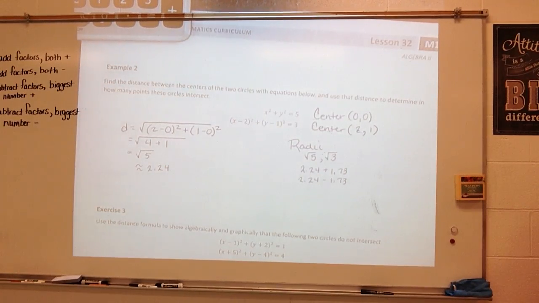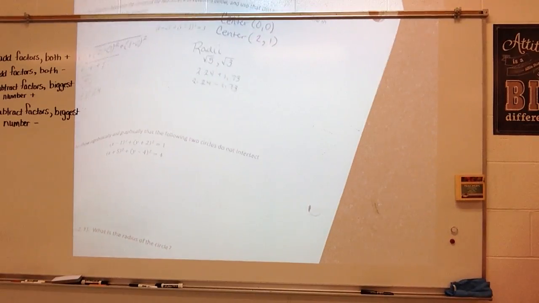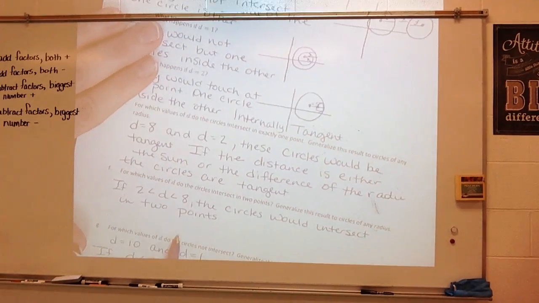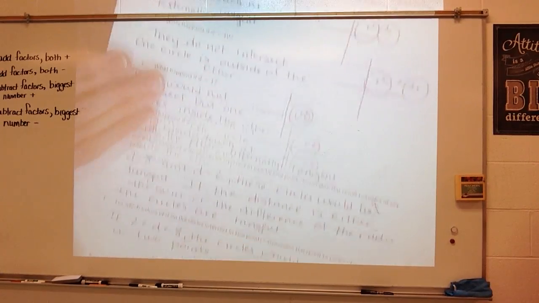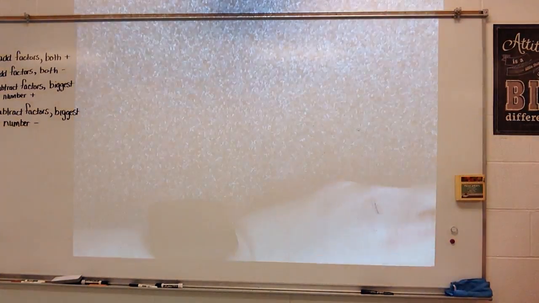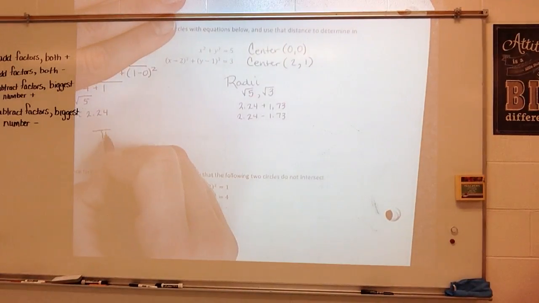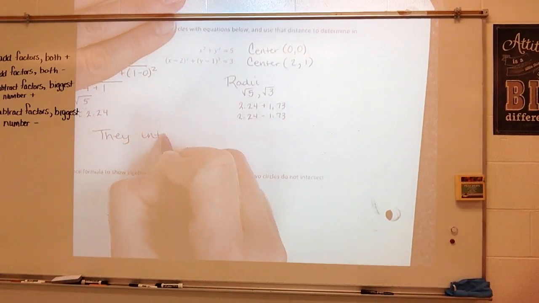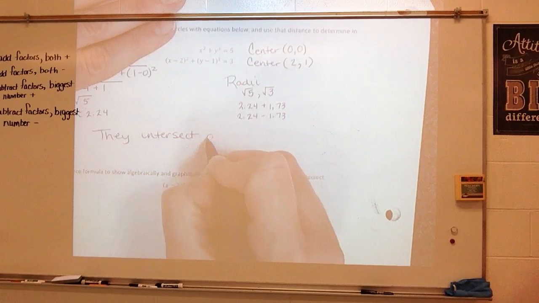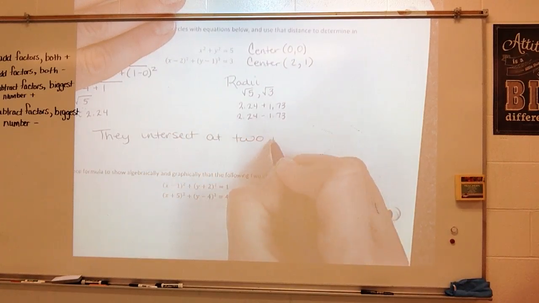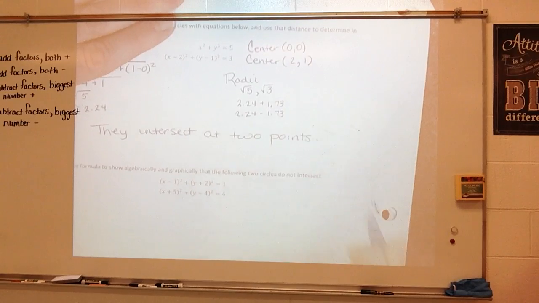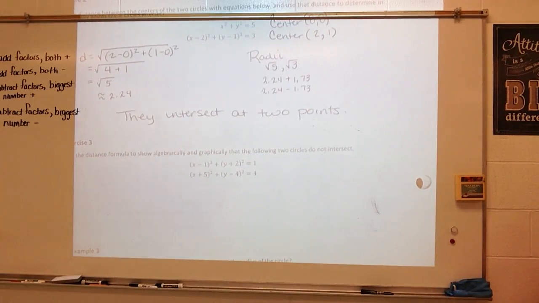We said going back to our general, if it is somewhere between, they would intersect at 2 points. So they intersect at 2 points, since my distance is between my sum and difference of the radii.